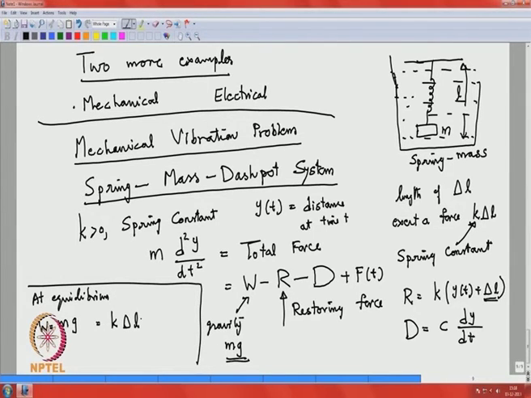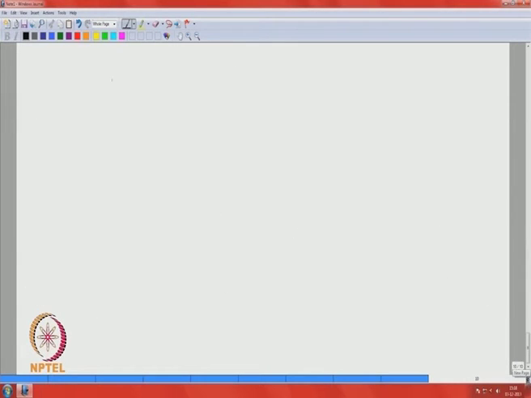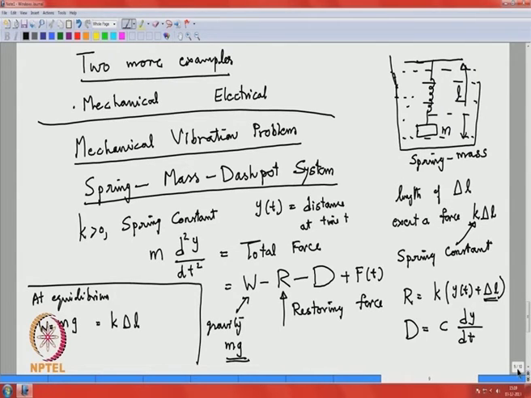So, the final equation, if you rewrite all these equations, comparing here and putting everything together, after cancellation you will have an equation of the form, after a bit of derivation and computation: m into d square y by dt square plus c into dy by dt plus k y.